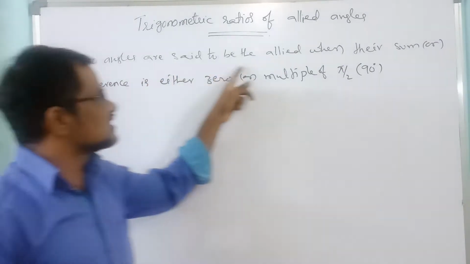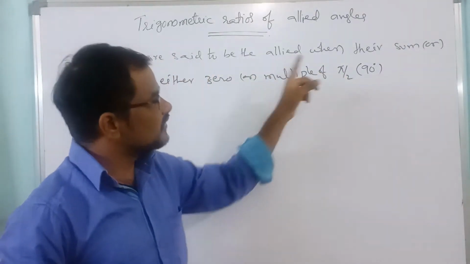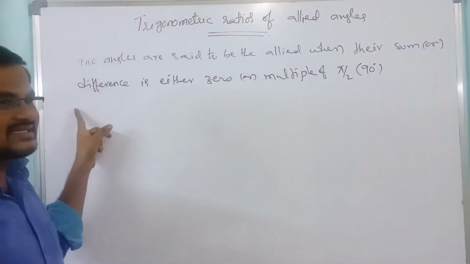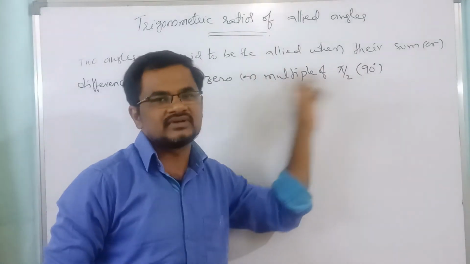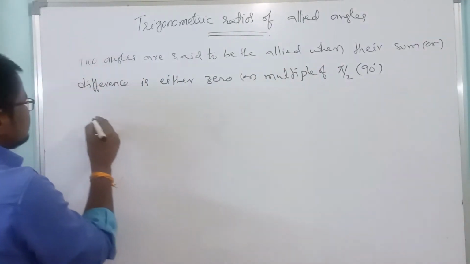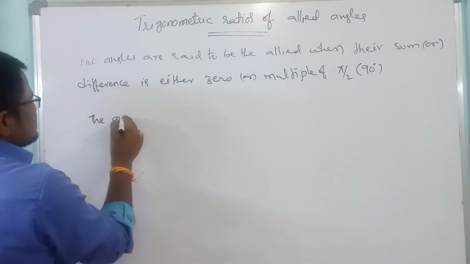Two angles are said to be the allied angles when their sum or difference is either 0 or a multiple of 90.